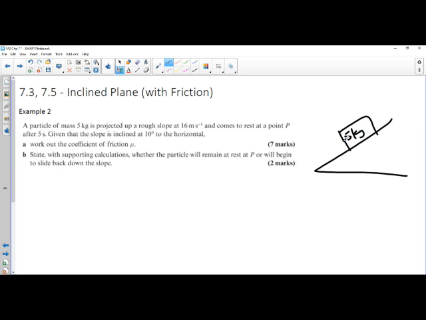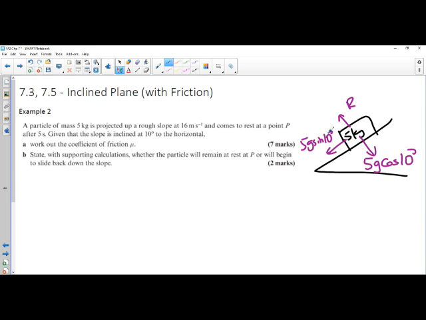Again, without doing anything, the 3 stable forces: 5g cos 10 degree, reaction, and 5g sine 10 degree. Okay, it's a rough plane, and it's projected up. Even though there's no force pushing up, imagine there's an invisible hand that pushed the block upwards, and then we record it from there.